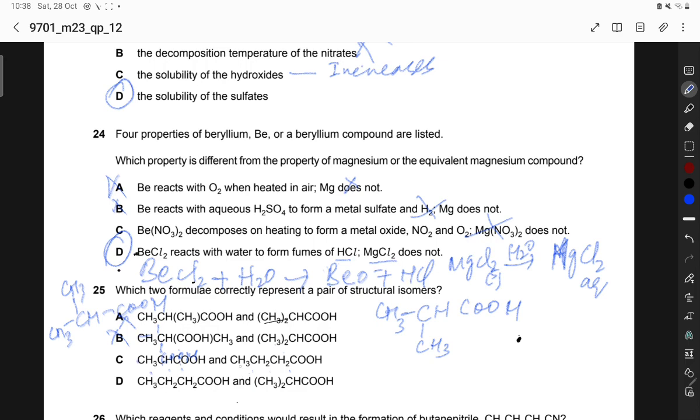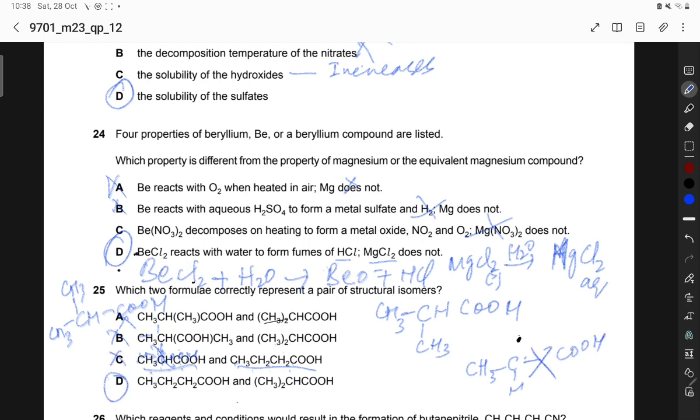1, 2, 3 and 1, 2, 3, 4. This is butanoic acid, and this is propanoic acid. So this is an incorrect formula. CH3COOH, this is incorrect.